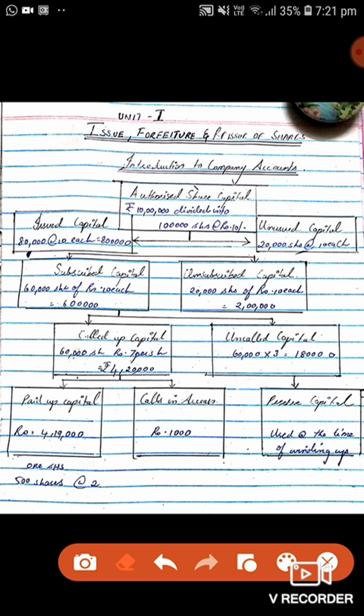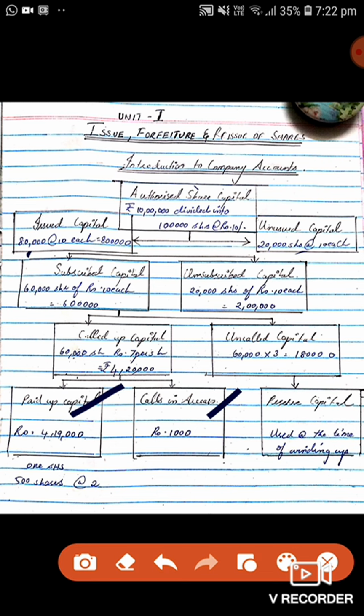Then further, the called up capital is divided into paid up capital and calls in arrears. So what is paid up capital? Paid up capital is again a part of called up capital, and this capital is actually paid by the public.